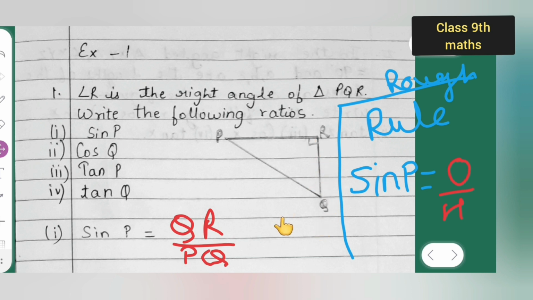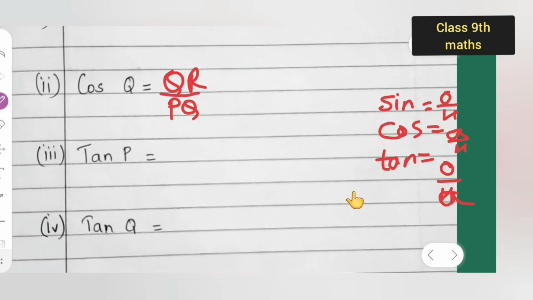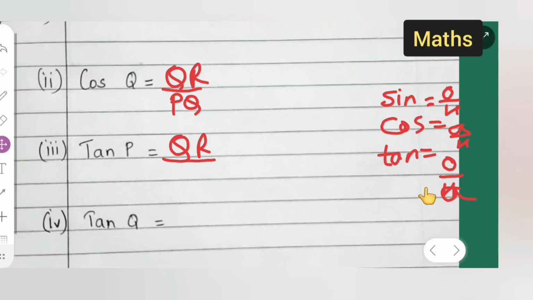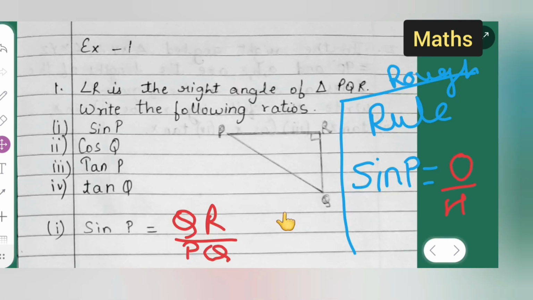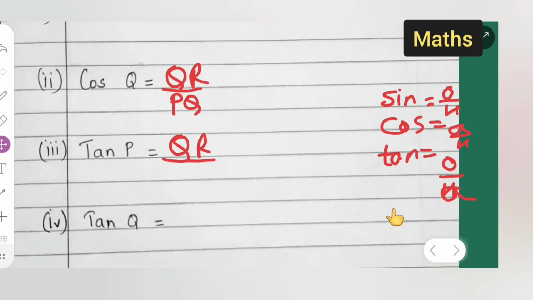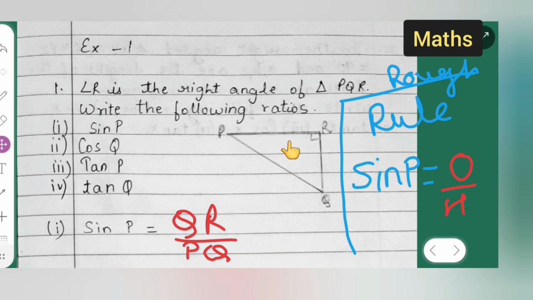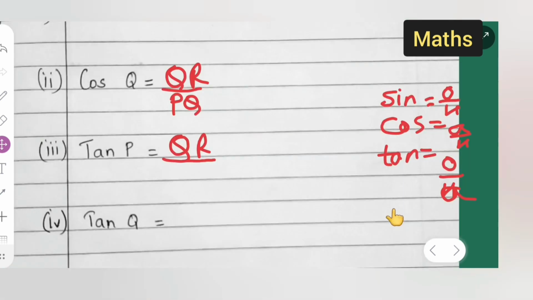So it is QR upon, now which is the adjacent side? PR. So tan P is QR upon PR.